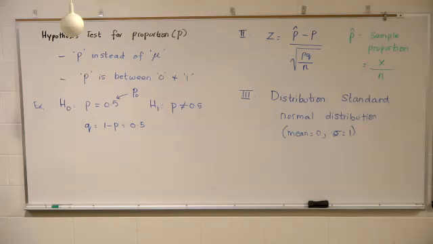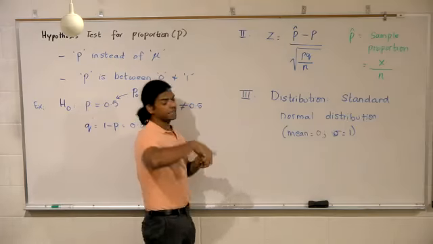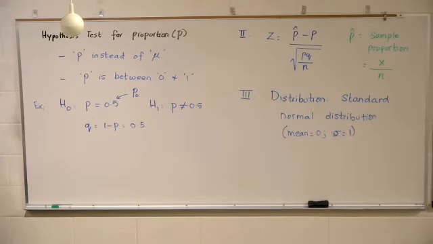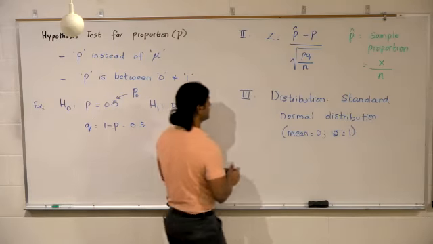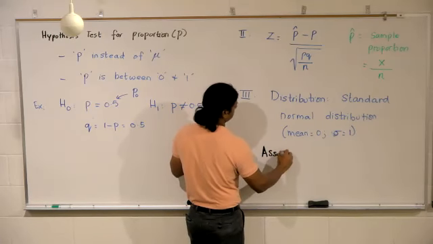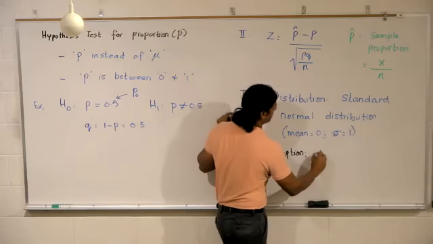So with the test for mean, we wanted the population to have a normal distribution, in the sense of no bias whatsoever. Here we have an assumption, more like a condition.